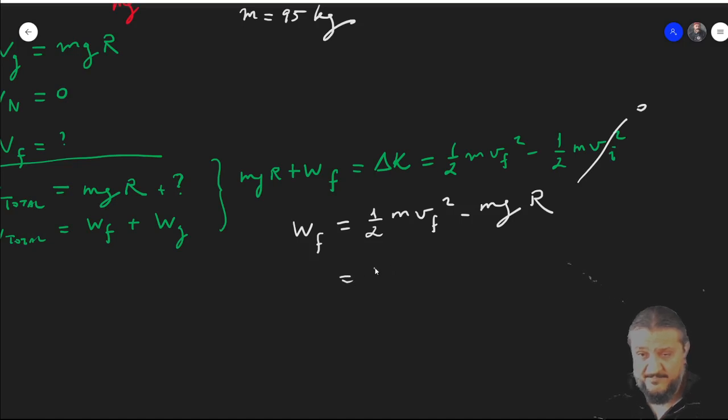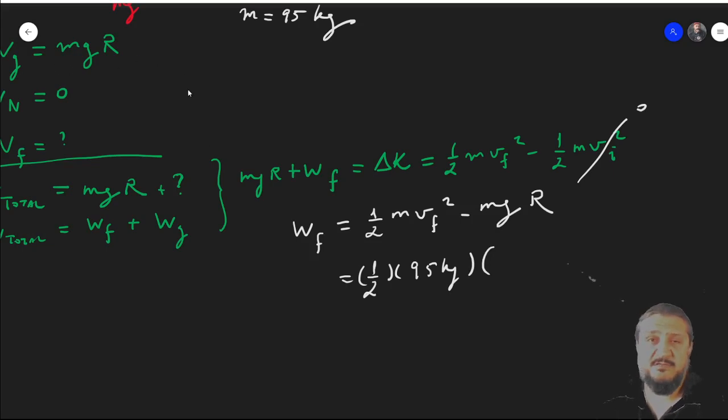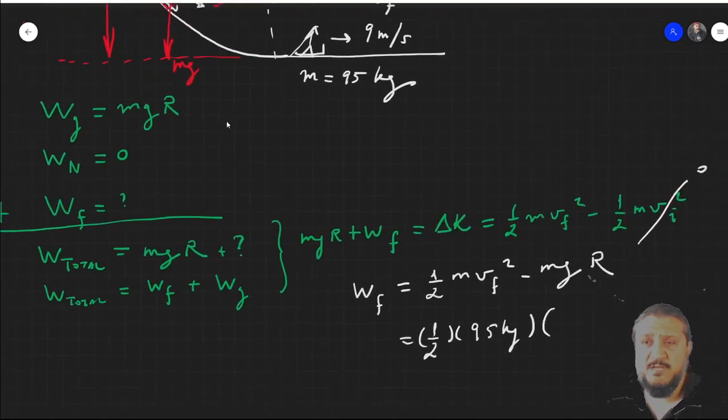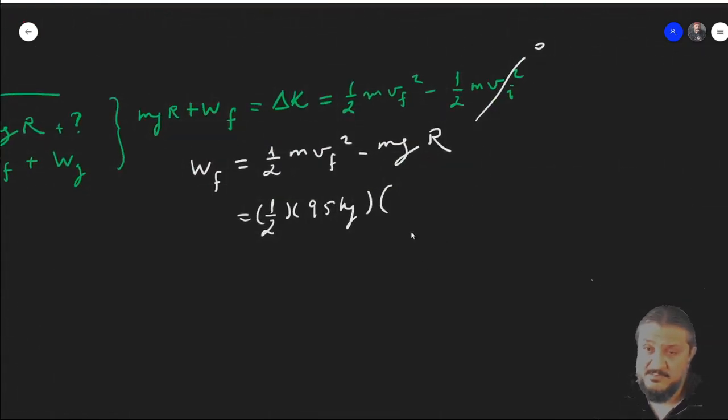So 1/2 times mass, what was it? 95 kilograms, and it was, I think, 9 meters per second, the final speed. 9 meters per second squared. Okay, don't forget the square. It's a very common mistake. Happens all the time. Don't forget the square.